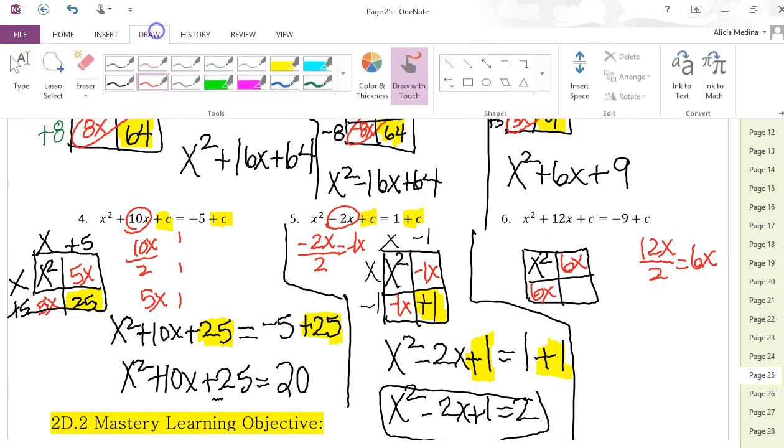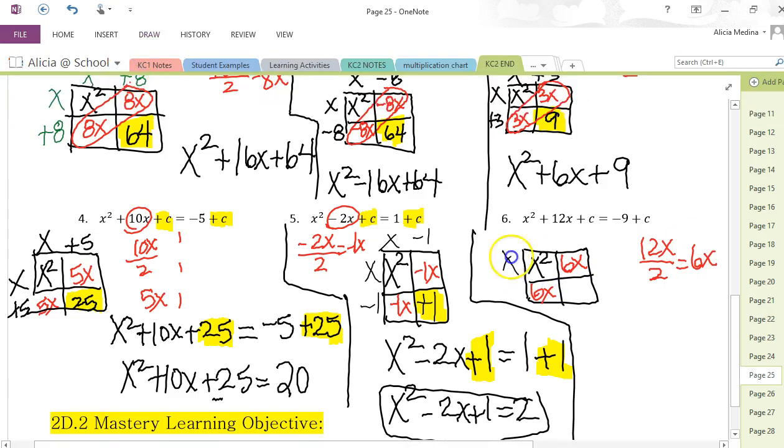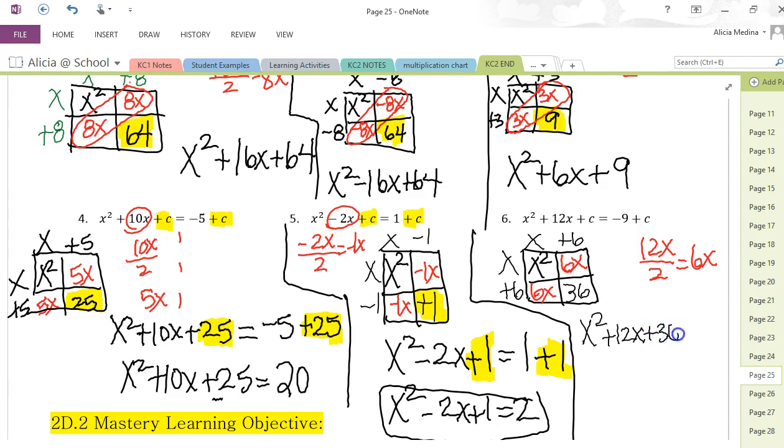Multiplying each of the sides, I have x and x, plus a 6, plus a 6, and a positive 6 times a positive 6 is going to be 36. That value is the C value on each side. So when I write this out, x squared plus 12x plus 36 is going to equal negative 9 plus 36.